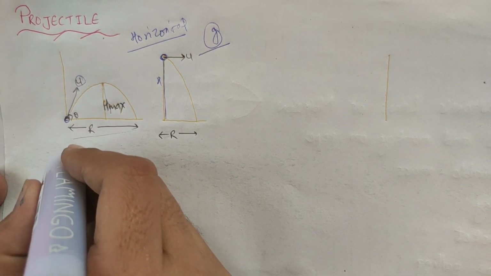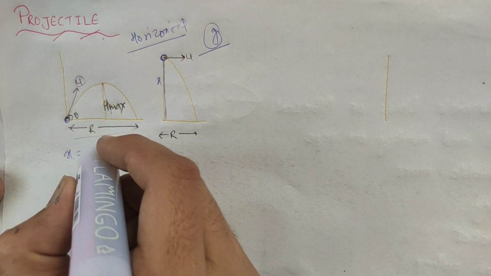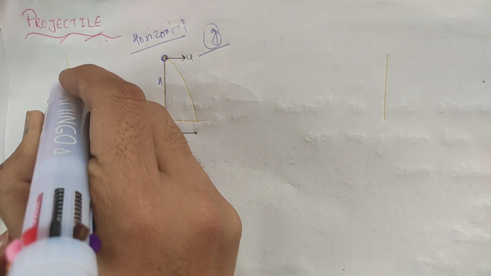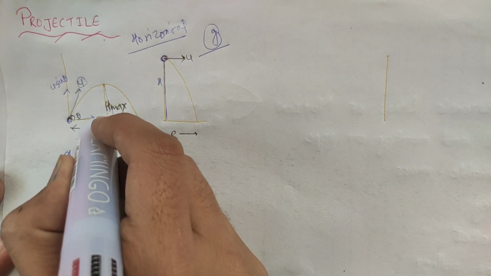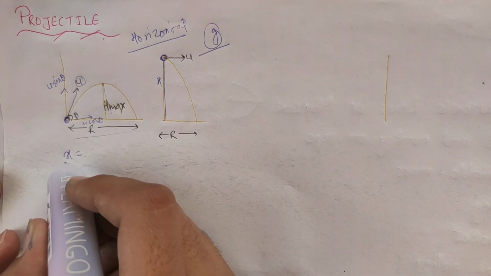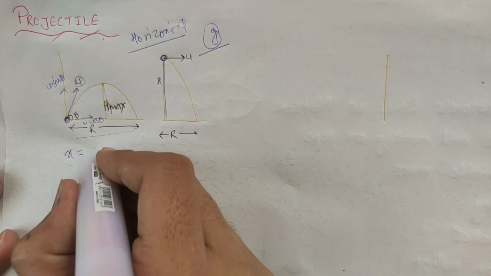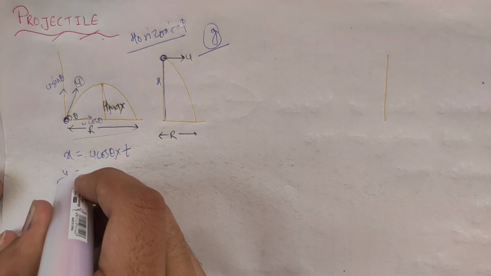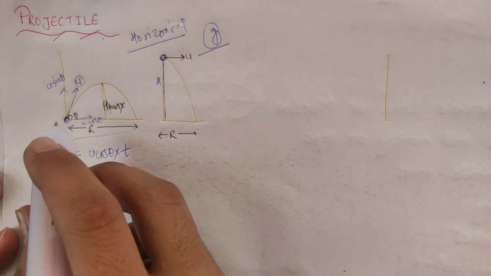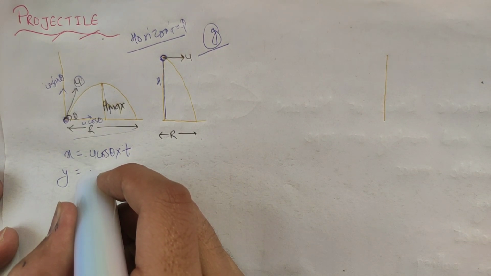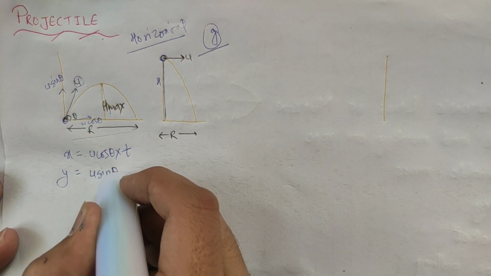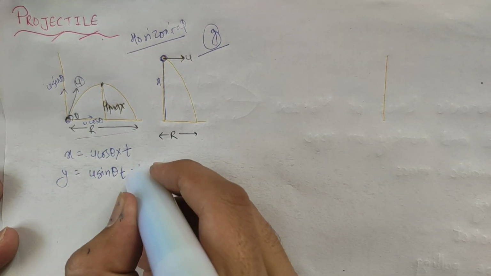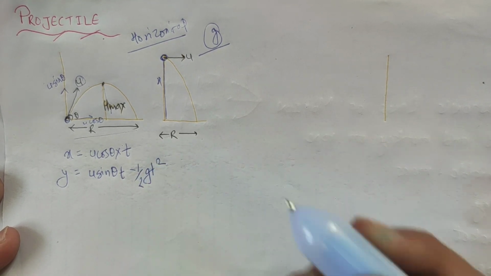So now in this case, the y component will be u sin theta, and the x component will be u cos theta. So x distance is equal to u cos theta into t, whereas y is equal to u sin theta into t, minus, since it will go on decreasing, minus half g t square.